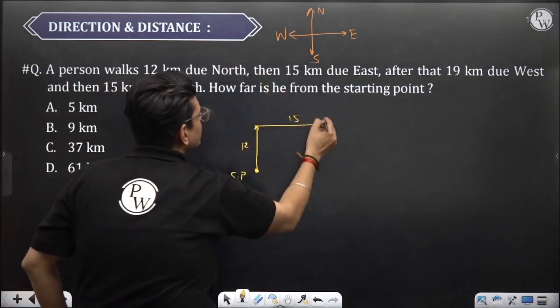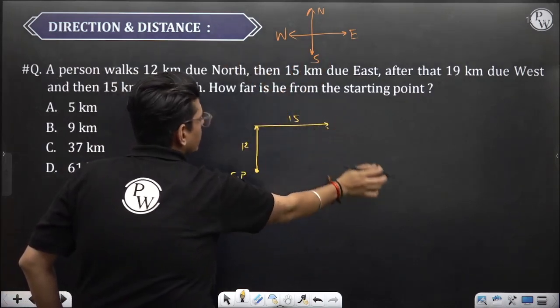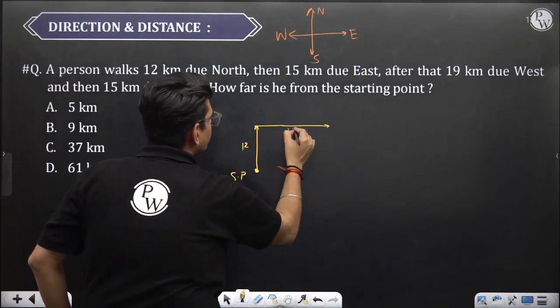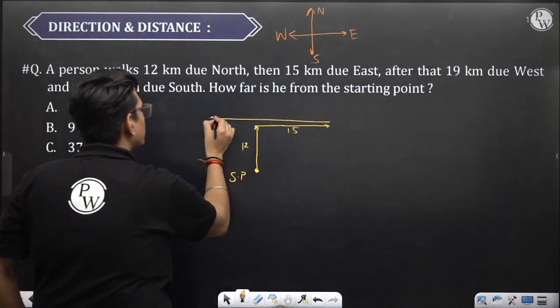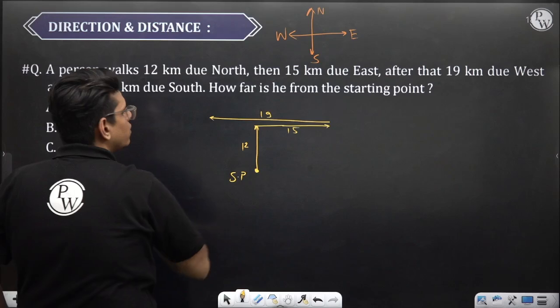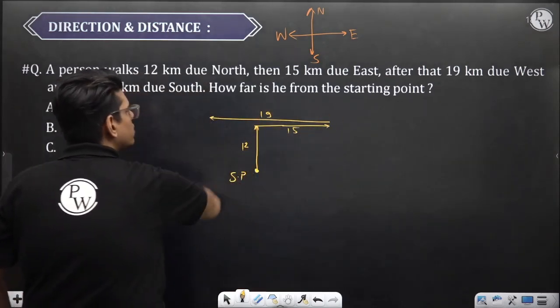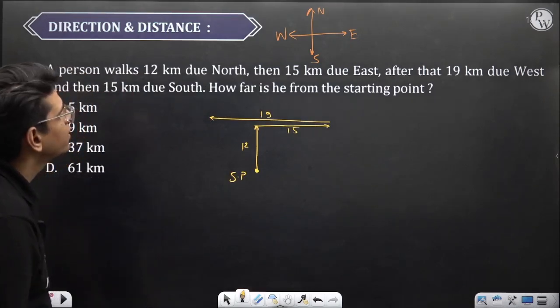Again towards the west he goes. How much distance? This is 15. He goes 19 this side. This is towards east, this is towards north, this is towards west. Okay, 19, done.